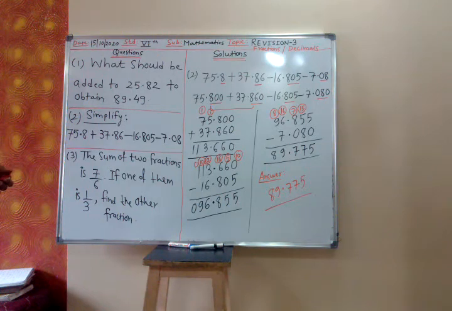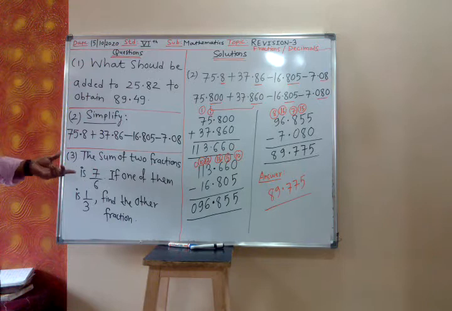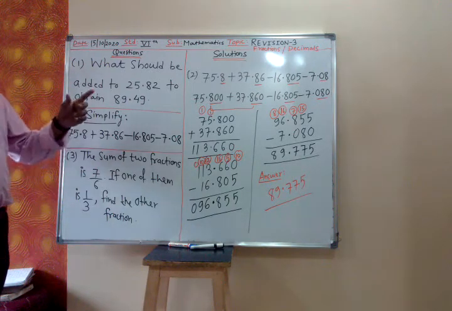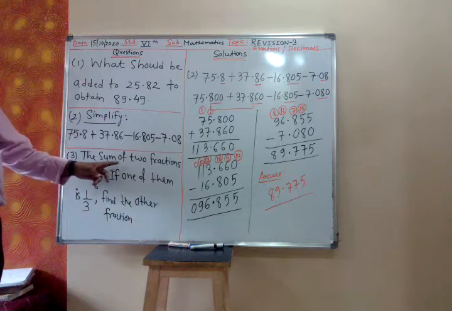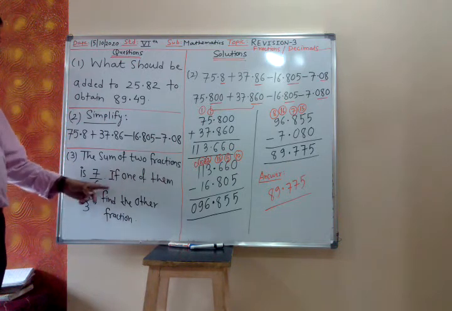If one of them is 1/3, find the other fraction. Third question. The sum of two fractions is 7/6. If one of them is 1/3, find the other fraction.